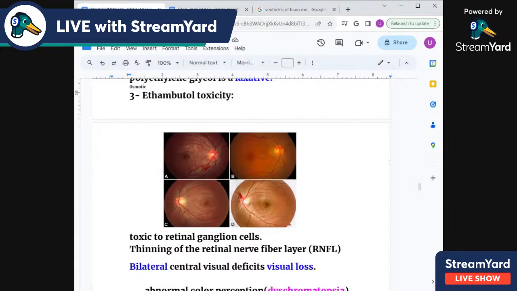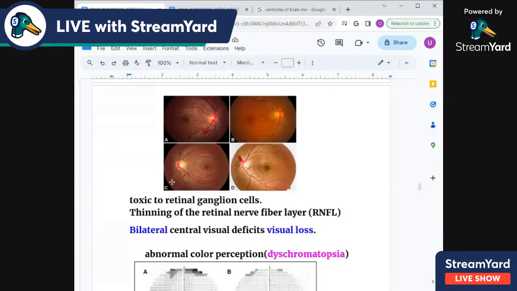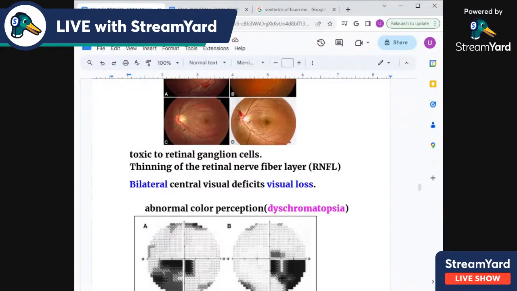Then the ethambutol toxicity. Ethambutol is an anti-tubercular drug, and it's toxic to the retinal ganglion cell layers, and it causes bilateral visual loss with cecocentral or central scotomas.